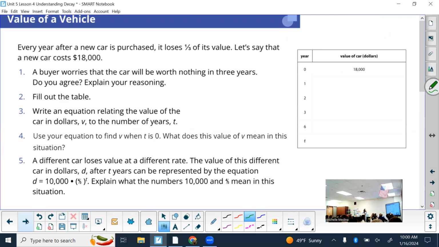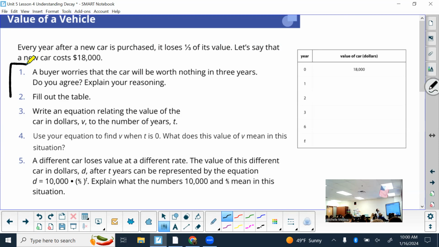Every year after a new car is purchased, it loses a third of its value. Let's say that a new car costs $18,000. A buyer worries that the car will be worth nothing in 3 years. Do you agree with that? Yes or no, and why? And then fill out the table. So we'll just start with those two right now.